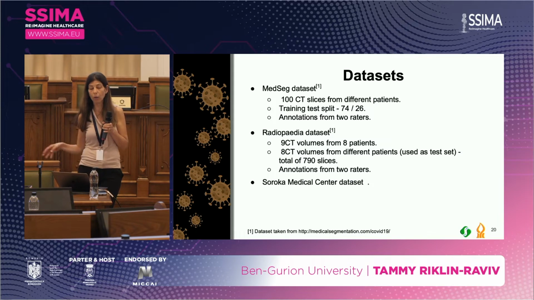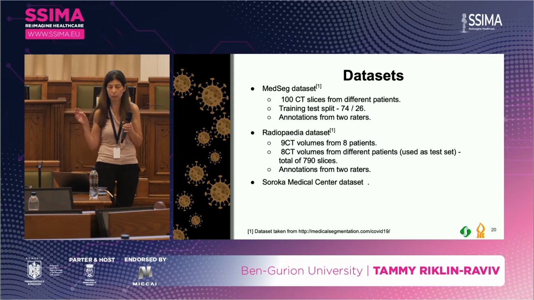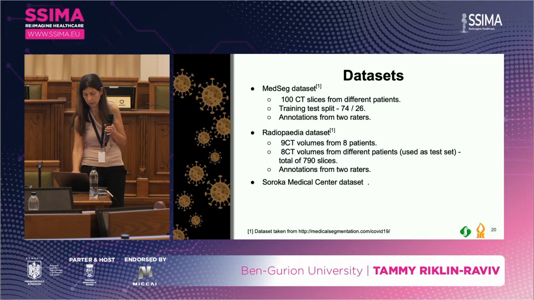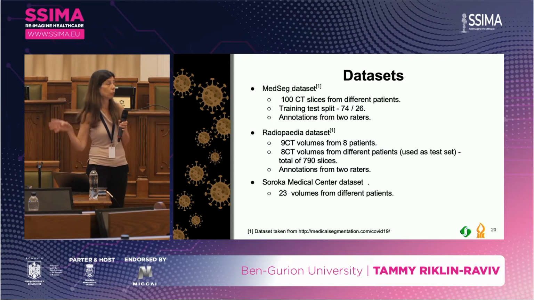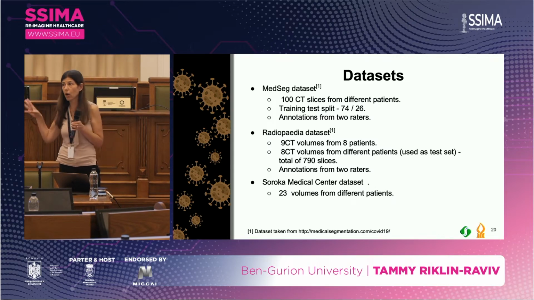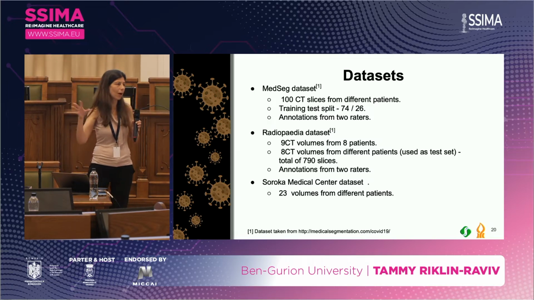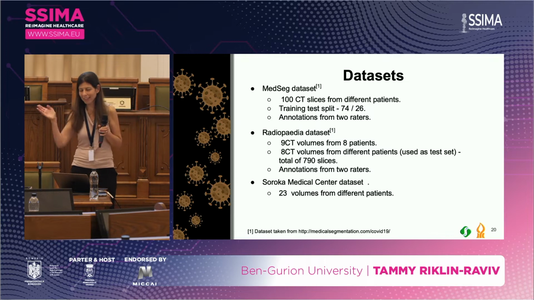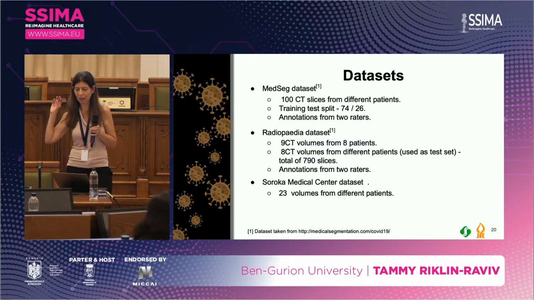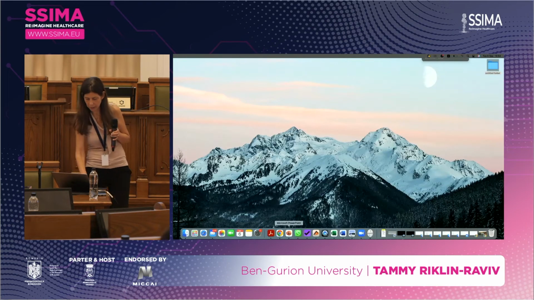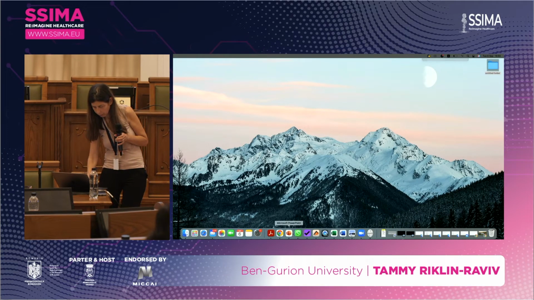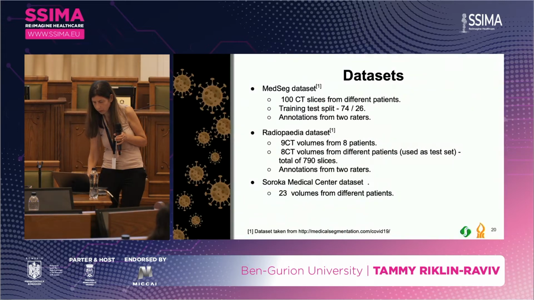And we have our own private data set provided by the Soroka Medical Center. We only have 23 volumes. In fact, we started with 100 volumes, but it turns out this is how medical data from the wild looks like: a lot of duplication, post-COVID-19 patient scans, motion artifacts, and so on and so forth.